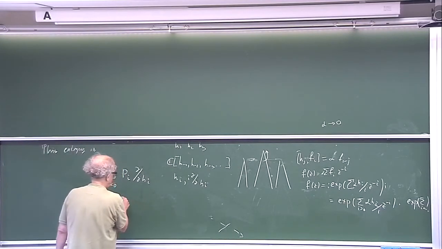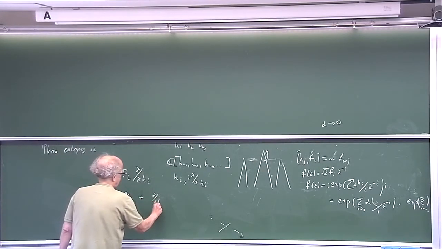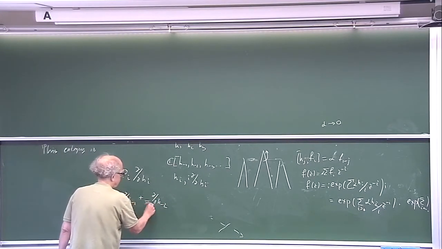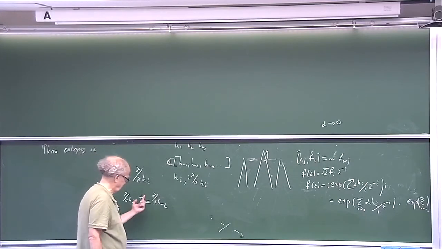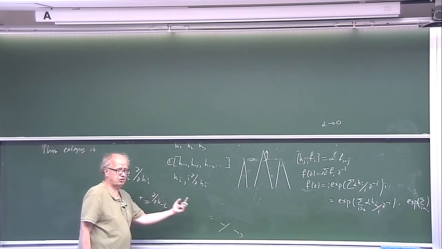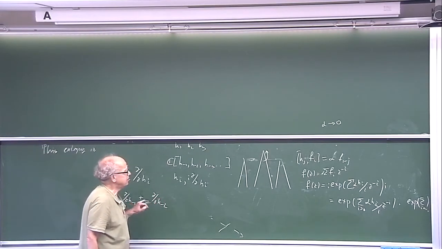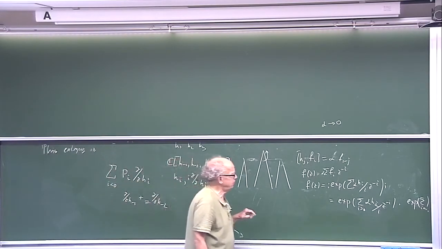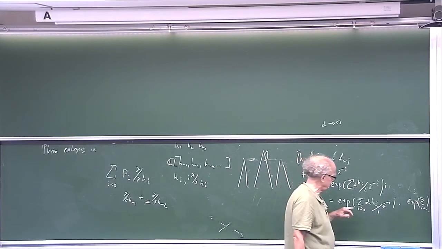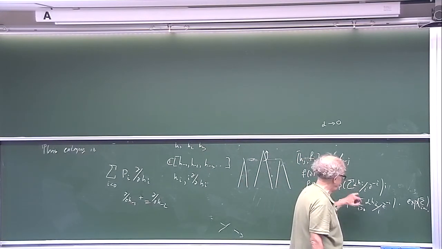So the first term will be d over dh minus 1 plus d over dh minus 2, here a polynomial of degree 1, grading 1, and so on. And the expression which you get here, you can get from this.